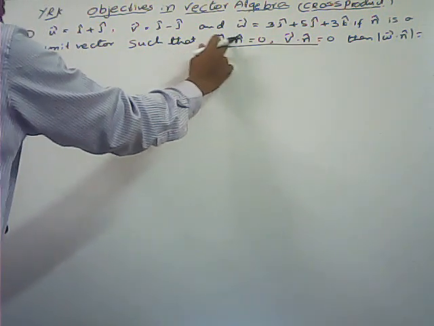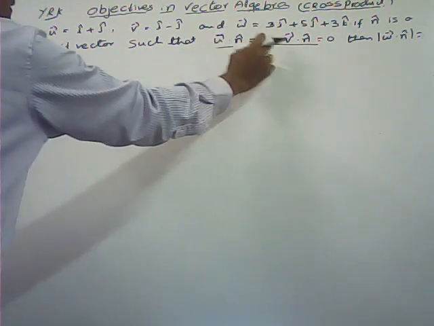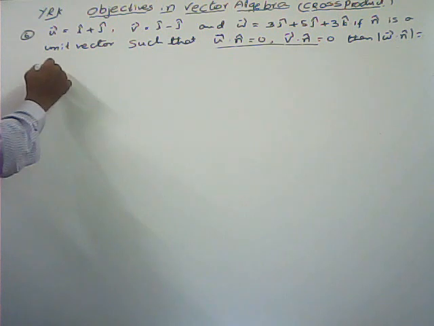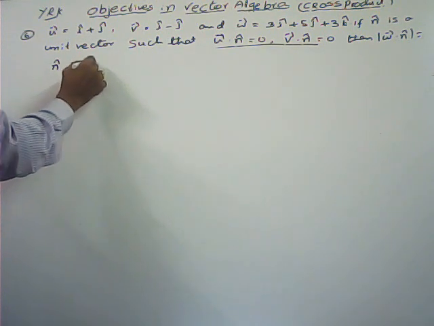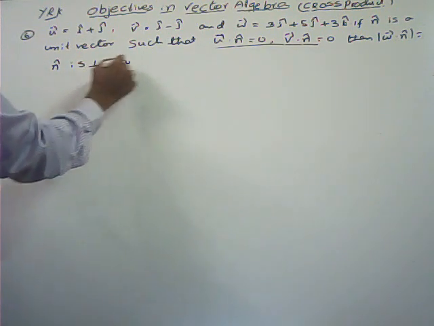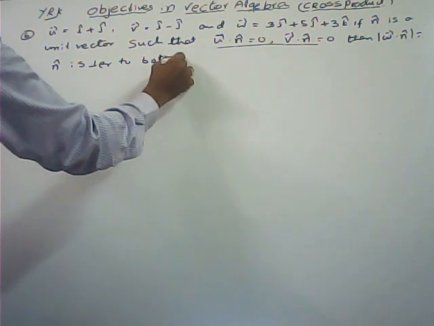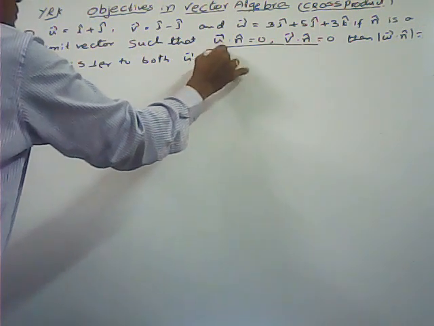What is the meaning of this? Here these two vectors are perpendicular and here also these two vectors are perpendicular. So n cap is perpendicular to both u bar and v bar. N cap is the perpendicular to both u bar and v bar.